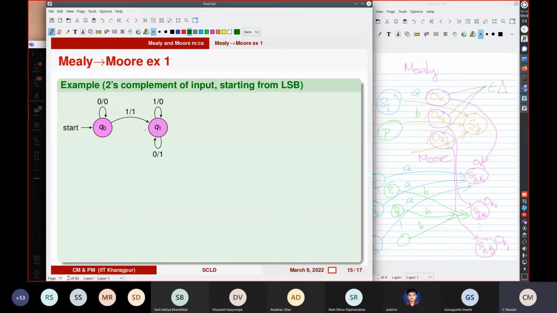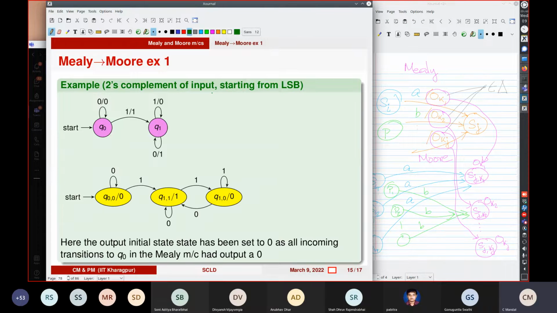So we saw this example sometime back for 2's complement, getting the 2's complement starting from the LSB. Now let us just see what is happening.